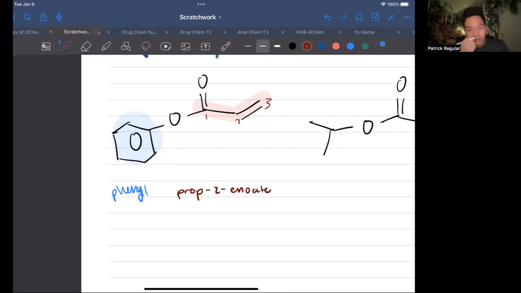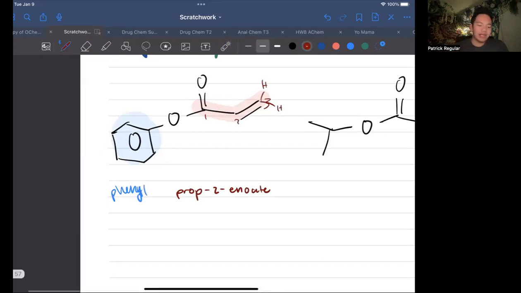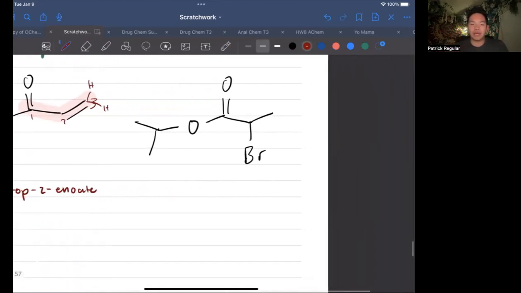Prop-2-enoate. All right, now if I see an alkene, it should ring the bell in your head. There should be stereochemistry, E or Z. Well, there is no stereochemistry here because look, H's, right? It's not a stereocenter.